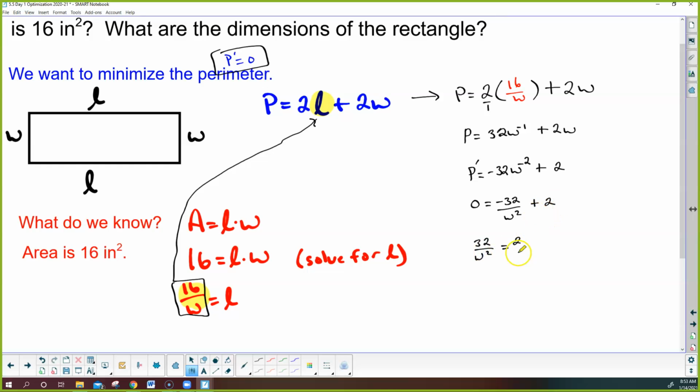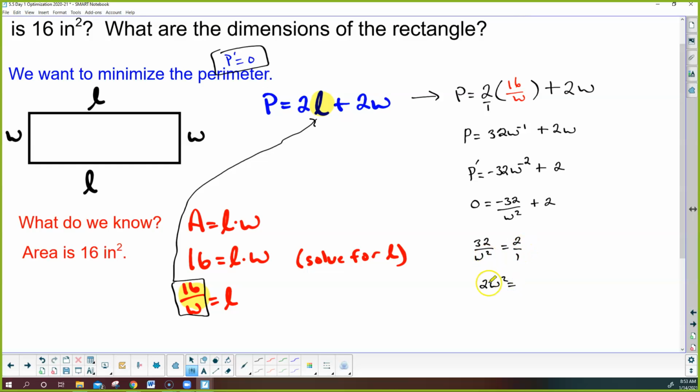And then instead of equaling just 2, let's call that 2 over 1, because a lot of times kids get confused how to deal with a negative. So when we rewrite it as divided by W squared, then we're dealing with solving proportions, which is just cross multiply.